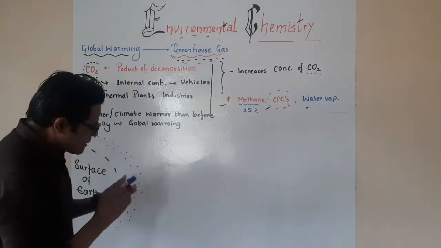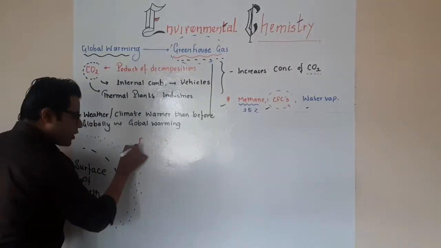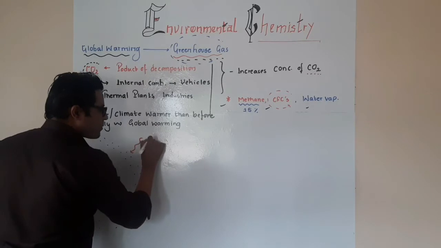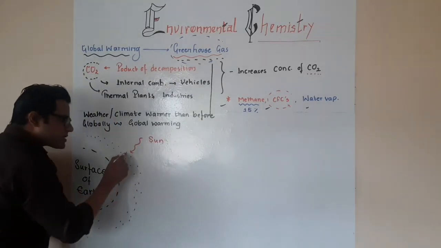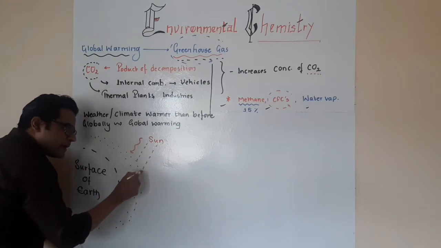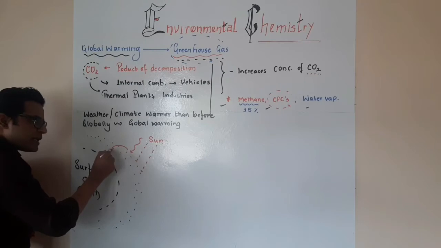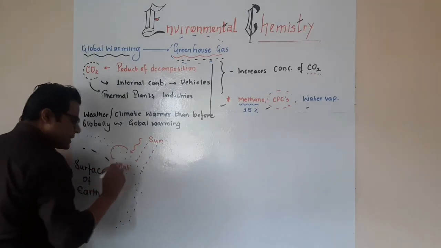Now, these gases have a tendency to absorb the radiations from the sun. As a result, it absorbs all these radiations from the sun and converts this energy into heat.